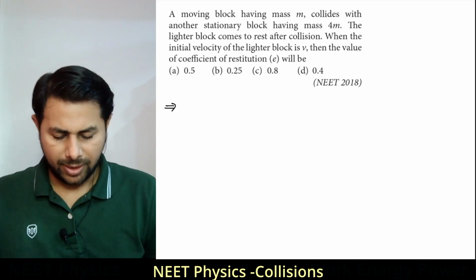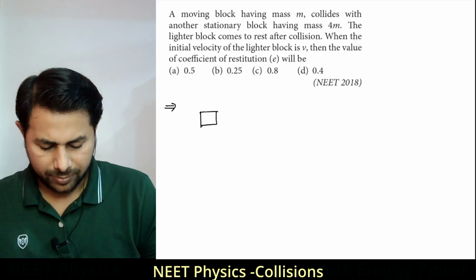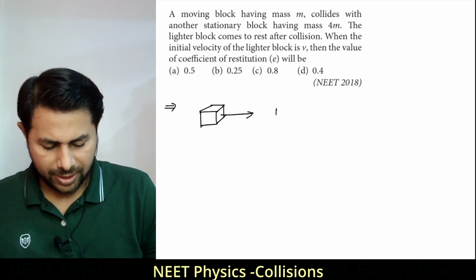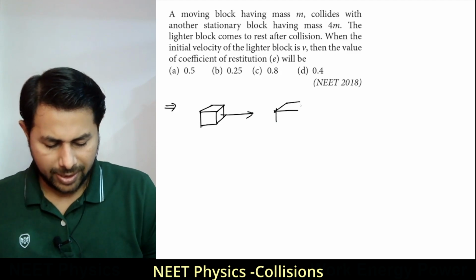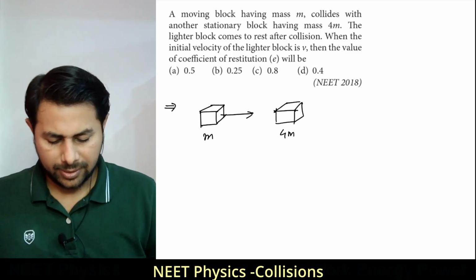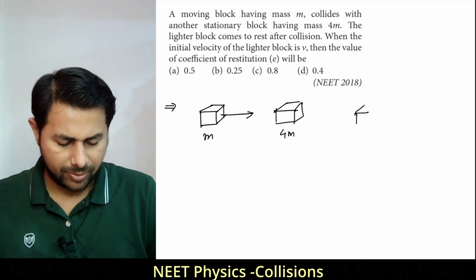One block is moving, having mass m, and collides with a stationary block of mass 4m. The lighter block comes to rest after the collision. This one stops after collision.